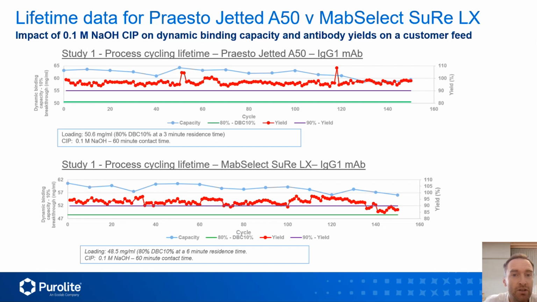That's the red dashed data points above the 90% threshold for the yield in purple, with the binding capacity only really dropping a little bit towards 130 to 140 cycles. And that's still well above the 80% threshold. It compares very well to MabSelect SuRe LX in this instance, and that's using a 60-minute contact time with 0.1 molar sodium hydroxide.